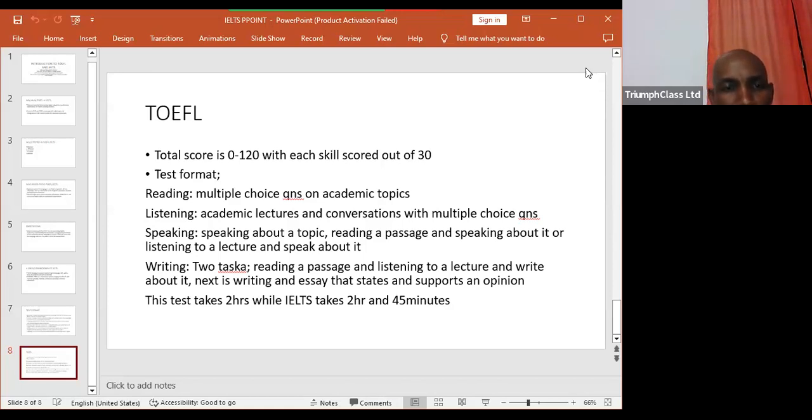Even when you're speaking, after listening or after reading a given text, you have to make sure that your ideas flow very well in a structured way, like they are given in a listening text or in a passage that you have read.